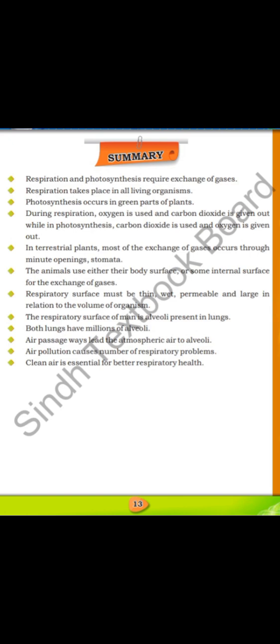Now come to the next point, and our next point is during respiration oxygen is used and carbon dioxide is given out, while in photosynthesis carbon dioxide is used and oxygen is given out.